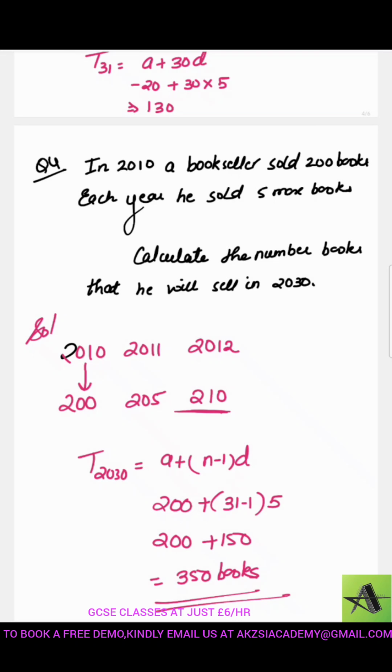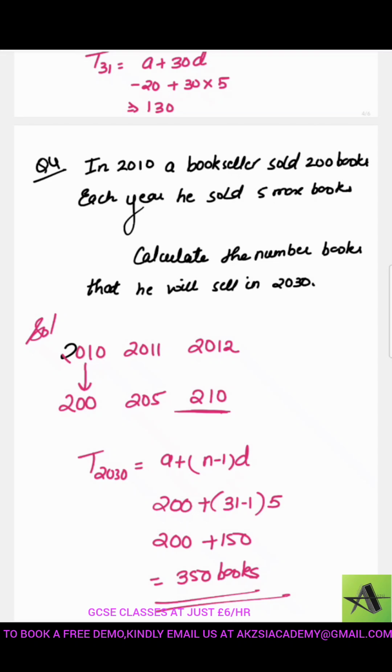Okay, now let me move on to a formula. Hardly will you find this in GCSE, so I'm just going through a simple formula quickly, and I'll give you one question. If they give you this type of question, they will definitely mention the formula to calculate the sum of n terms of the arithmetic sequence, or they will ask you to add 2 or 3 terms, not more than that.